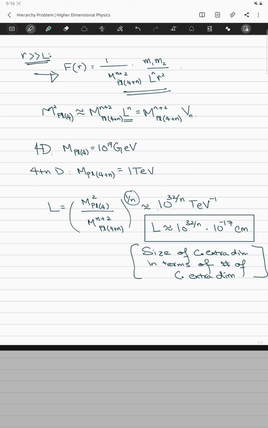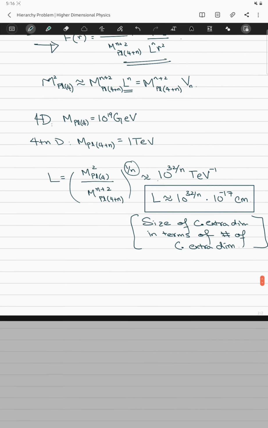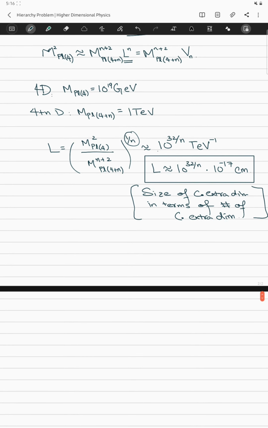note that the standard model has been put thoroughly through its paces for up to a few 100 giga electron volts to some tera electron volts, which basically implies that the standard model fields are not capable of propagating into the extra dimensions that have a size of r greater than or equal to 1 tera electron volt raised to power minus 1.